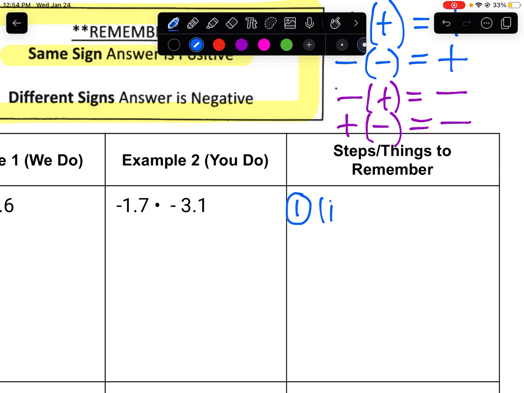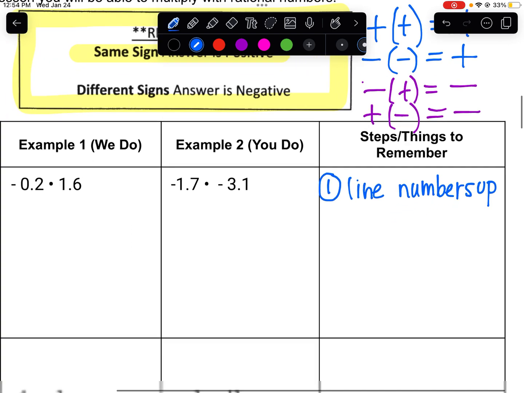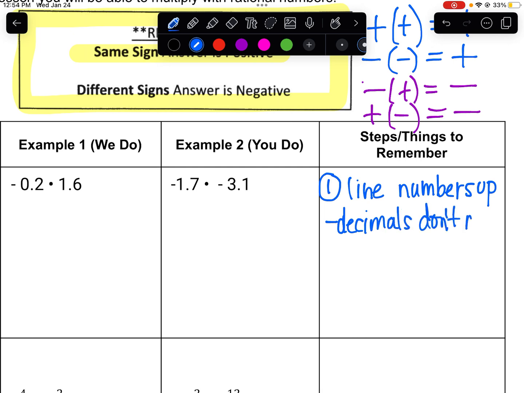We are just going to line our numbers up. So you should be writing this little note in, a side note: decimals don't need to be lined up. Now they might end up lined up, and that's okay. So in this first example, they actually are.